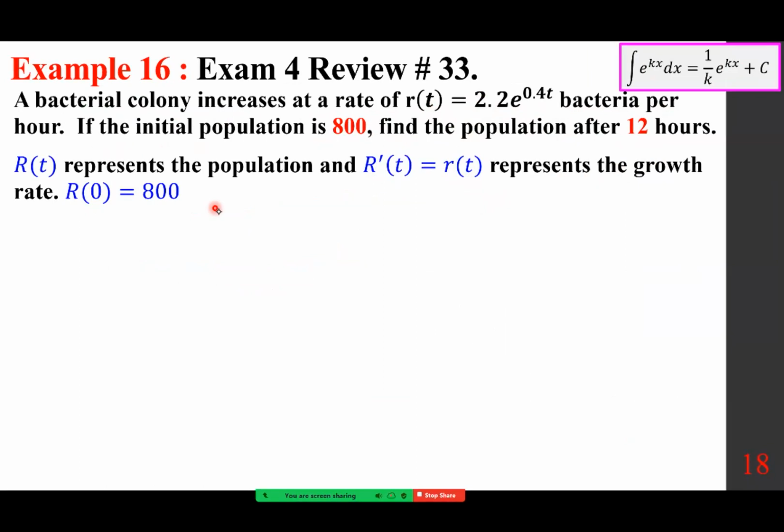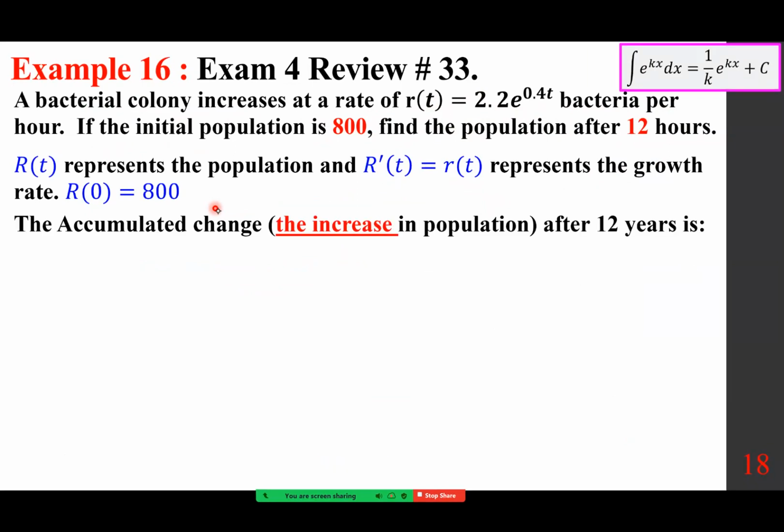According to the accumulated change or the net change theorem, the amount of increase takes the form of an integration, or better yet, a definite integral, in this case from 0 to 12. So replace the lowercase r of t with 2.2 e to the power 0.4 t.